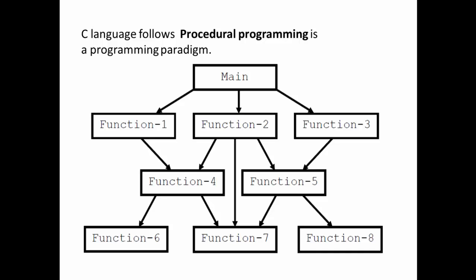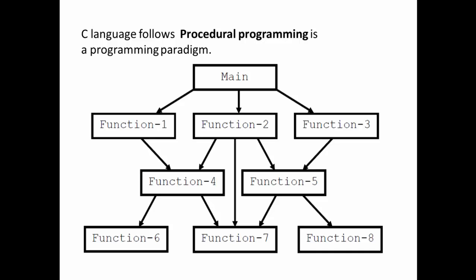Each function contains its own data and its own instructions, and a function is executed whenever it's called, either in the main function or by another function. If we take the example, function 1 can call function 2, or function 1 can call function 4, and so on.